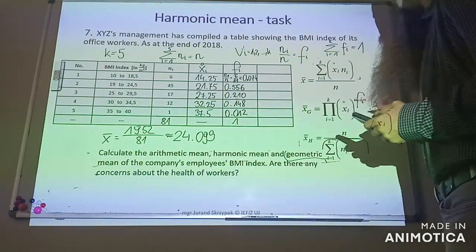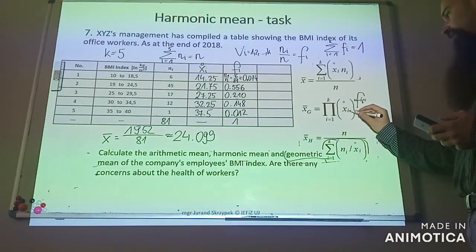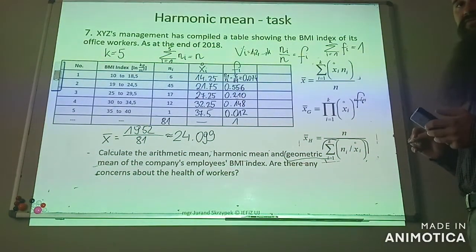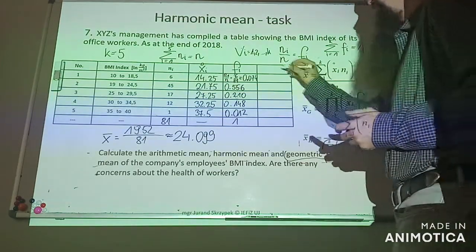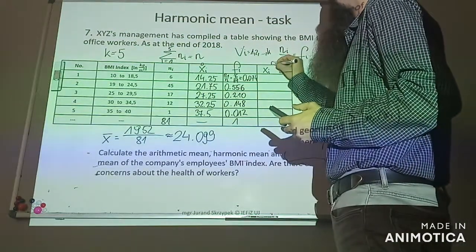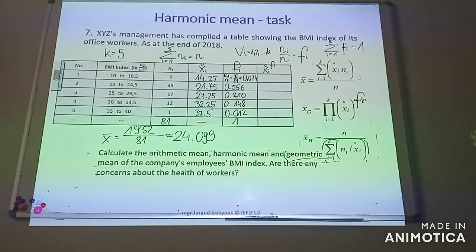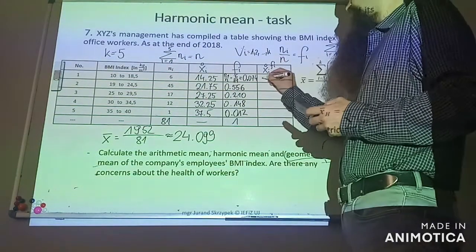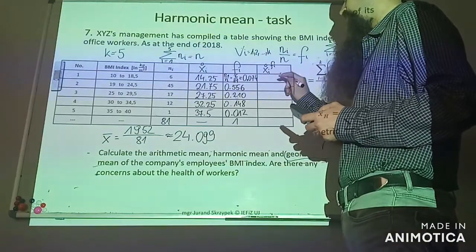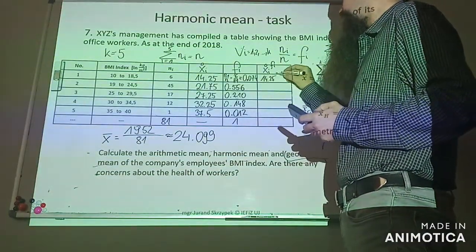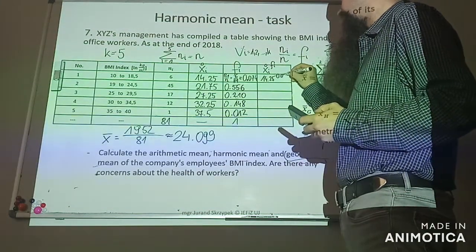Okay, in the next step we will raise xi with a circle, the middle of the classes, to the power of fi. So in the first row we have 14.25 to the power of 0.074.